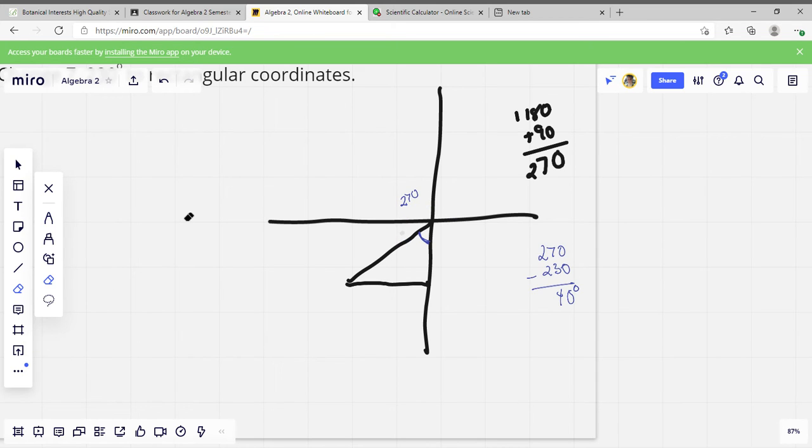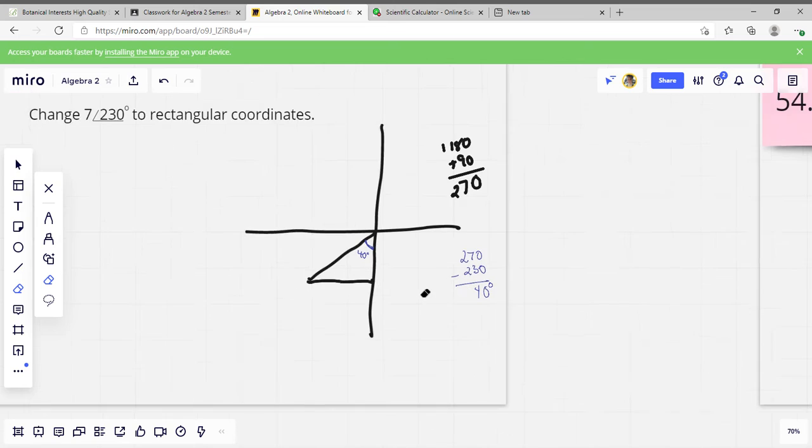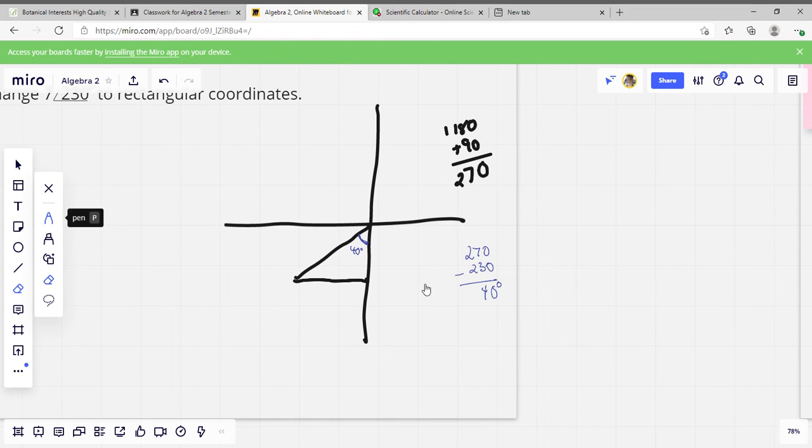All right, so inside our little angle there, we're going to have 40 degrees. All right, and then it said that it's 7. So that means that our hypotenuse right here is 7. All right, so this one would be our opposite, and this would be our adjacent.